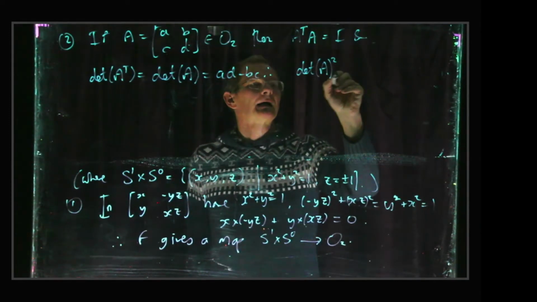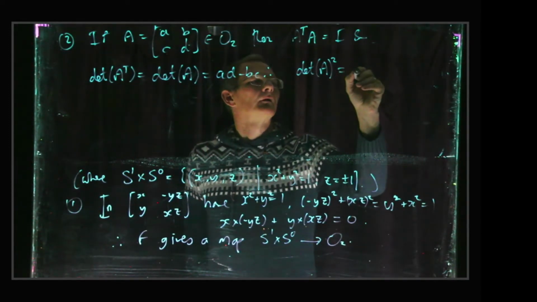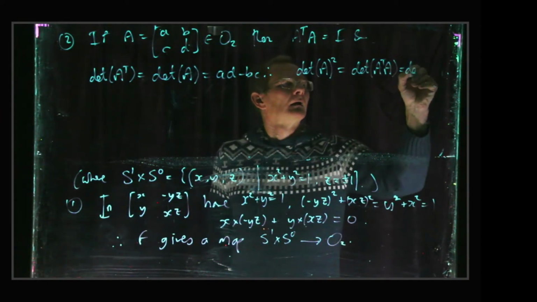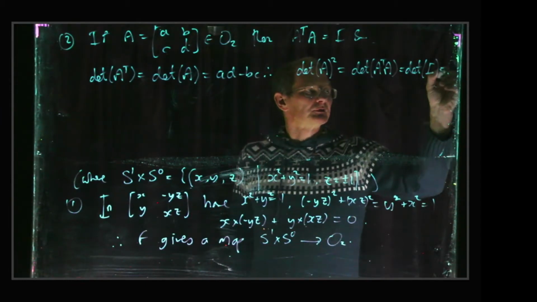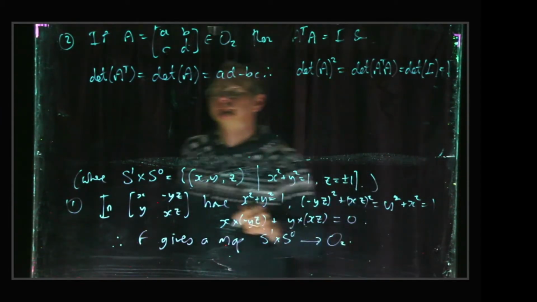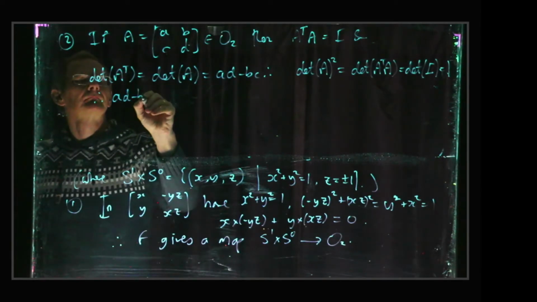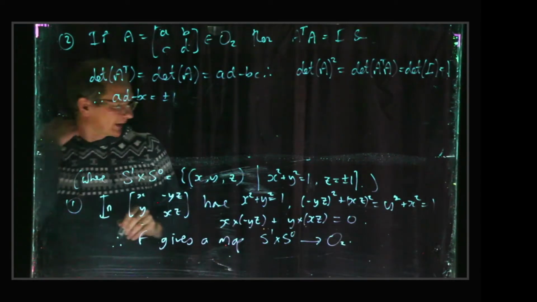So det A squared is det A transpose A. That's the determinant of the identity, which is 1. So from this we see that AD minus BC is plus or minus 1.